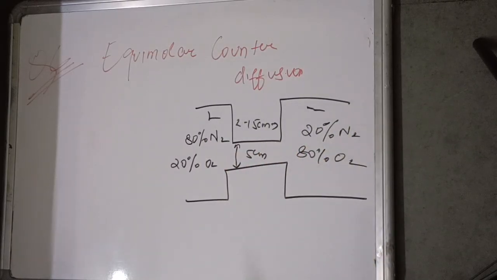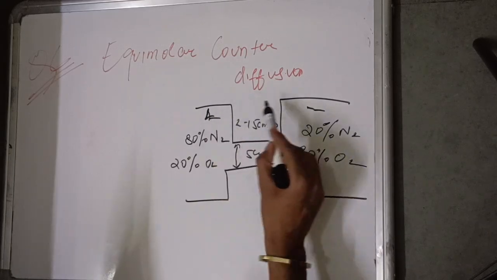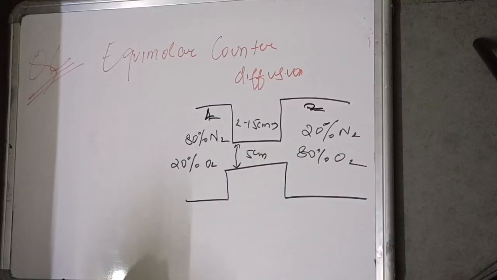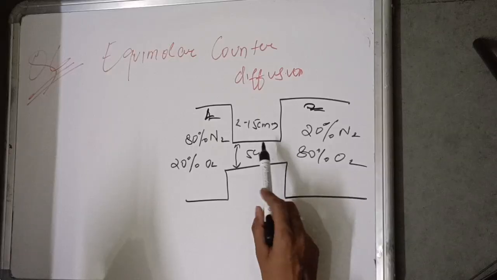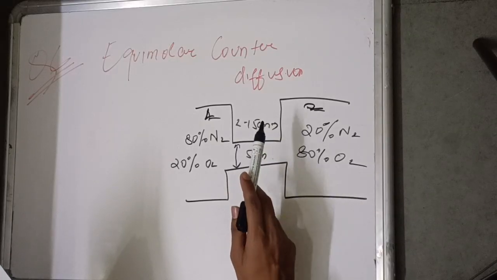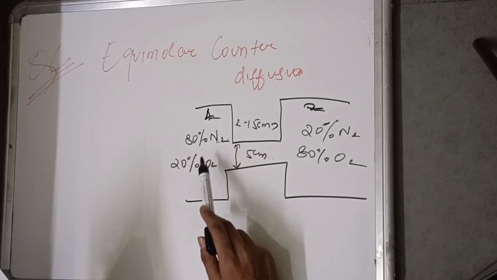Now we'll first read the question. Two large tanks, this is first and this is two, two large vessels are connected by a tube 5 centimeter in diameter and 15 centimeter in length. Vessel 1 contains 80% of N2 and 20% of O2.